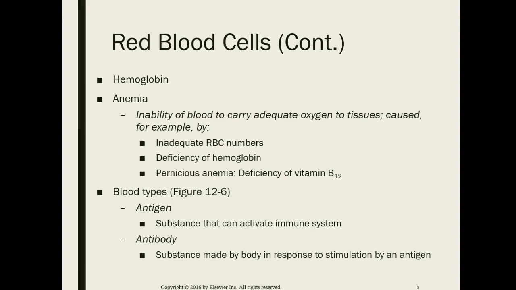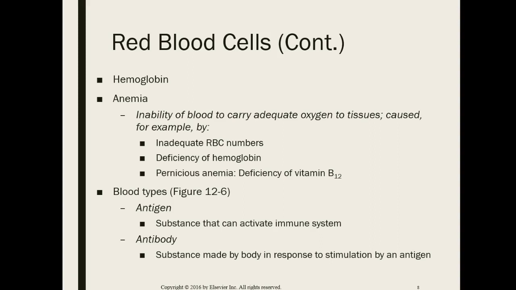The two components that play a role in blood types are antigens and antibodies. An antigen is some sort of substance that activates the immune system, that the body sees as a threat. So this could be an invading organism, bacteria, something that's going to activate the immune system.